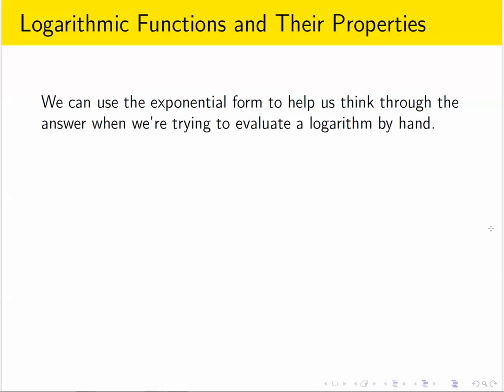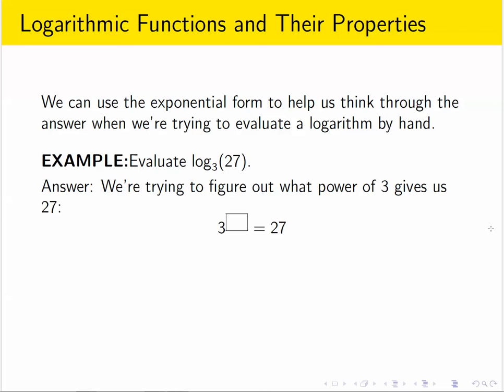This is a useful way of thinking about a problem when we're trying to evaluate a logarithm by hand. If I want to evaluate, for example, log base 3 of 27, I'm really asking what power of 3 will give me 27. So you could imagine trying different numbers here.